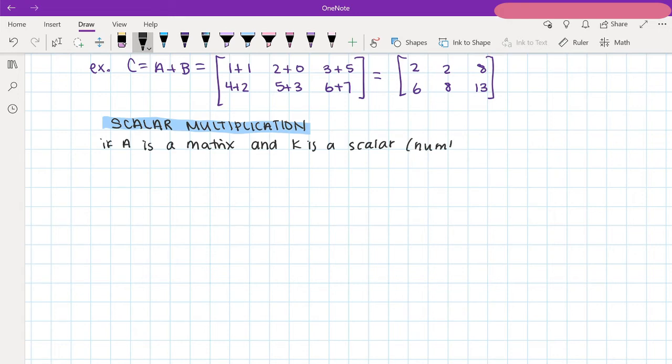So say k would be 2 or 3 or any number. The same would be for this one, so C is equal to kA, or Cij is equal to k times Aij. So say you have C11, that would be equal to the value of A11 multiplied by k.